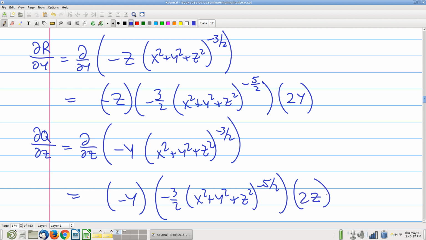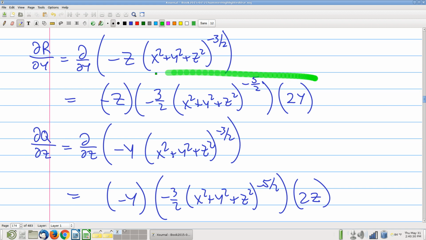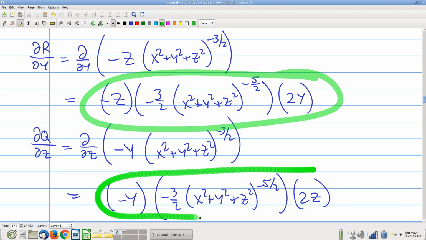Okay, so for the first component, we've done 2 of the 6 partial derivatives. The first component of the curl that we need to compute is that minus that. So it's this thing minus that thing. And if you notice, they have a lot in common, and in fact, they're identical.